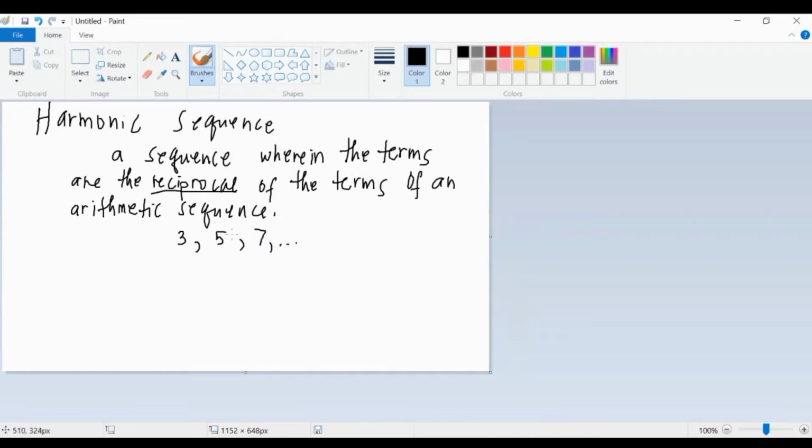So when we say a harmonic sequence, the reciprocal of the given arithmetic sequence. So this is an example of arithmetic sequence.